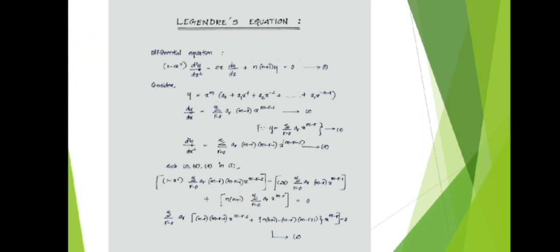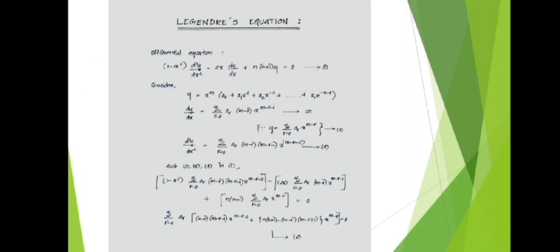Substituting 2, 3, 4 in equation number 1, we get (1 minus x²) summation r equal to 0 to infinity of ar (m minus r)(m minus r minus 1) x^(m minus r minus 2), minus 2x summation r equal to 0 to infinity of ar (m minus r) x^(m minus r minus 1), plus n(n+1) summation r equal to 0 to infinity of ar x^(m minus r), which is equal to 0.